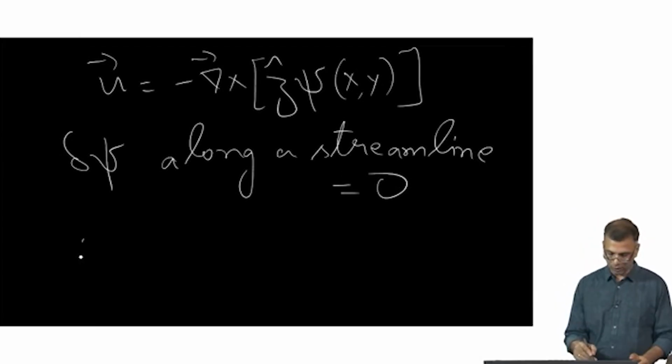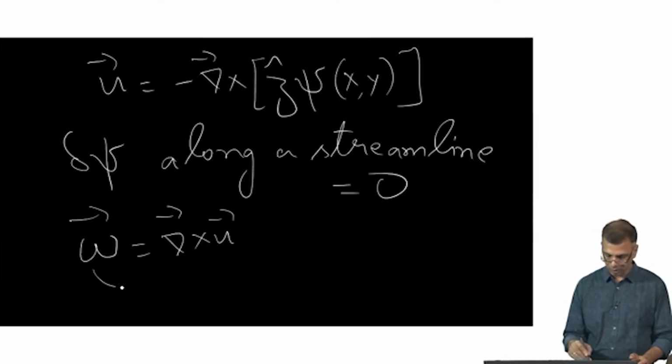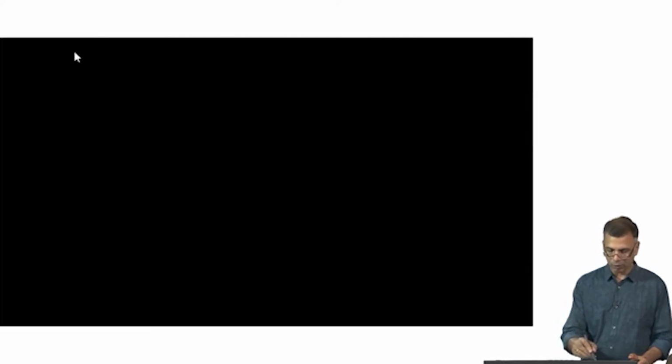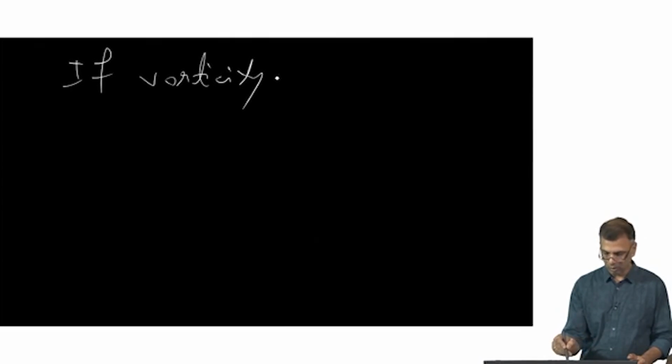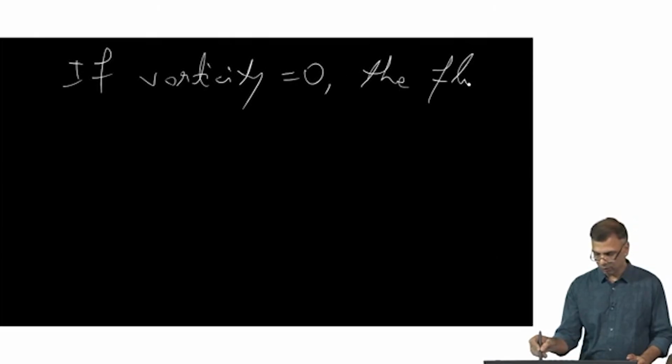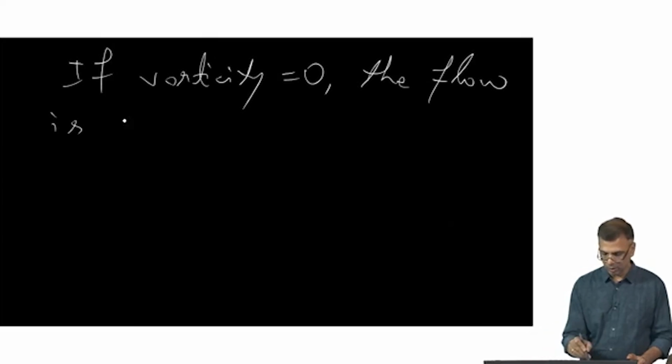Okay, we also define another quantity called the vorticity, which is simply the curl of the velocity. And for a flow for which the vorticity is zero, the flow is irrotational.